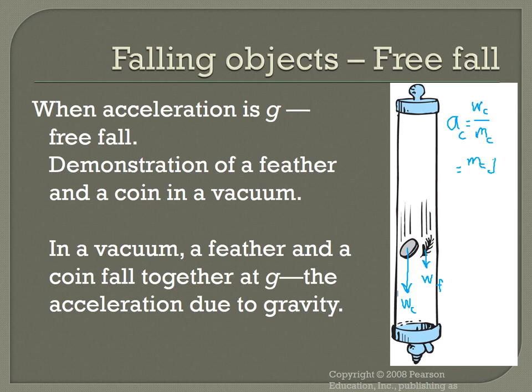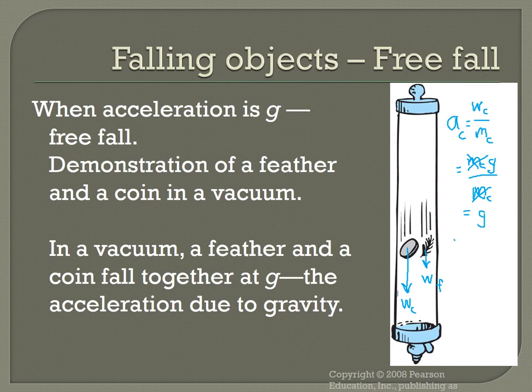So I have the mass of the coin times g, I'm just rewriting what weight is, divided by the mass of the coin. Now notice I've got a mass of the coin here in the numerator, a mass of the coin in the denominator, and therefore my coin has an acceleration of g, 9.8 meters per second per second.